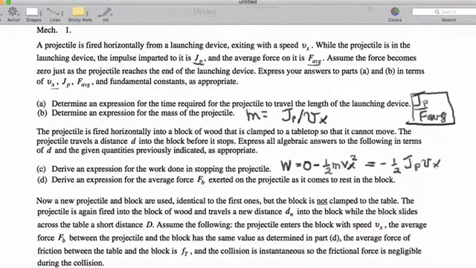Lastly, to get the force exerted, we know that the work is going to be the force times this distance d. Using this work expression from C, the force of the block exerted on the projectile will be force of block equals negative Jp Vx over 2d.